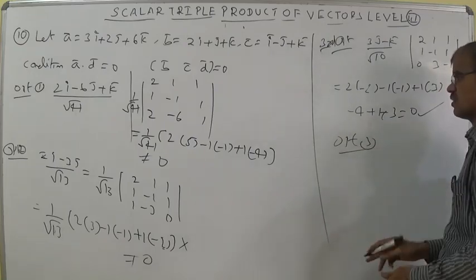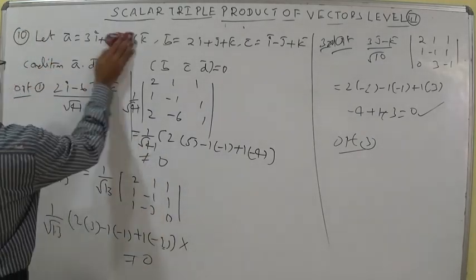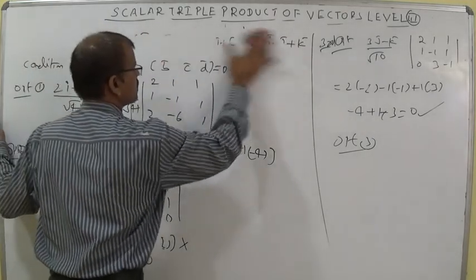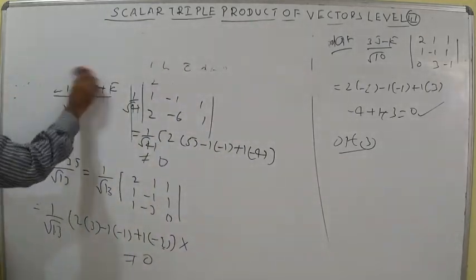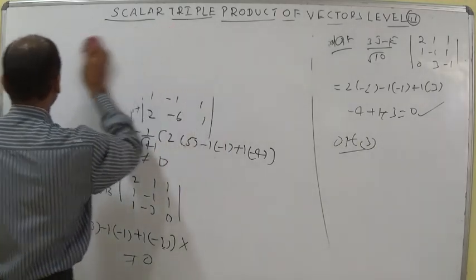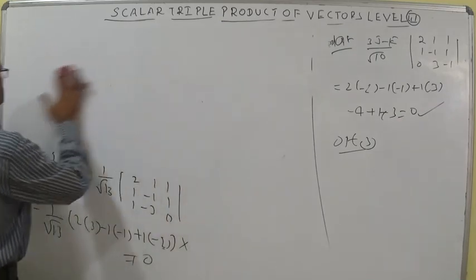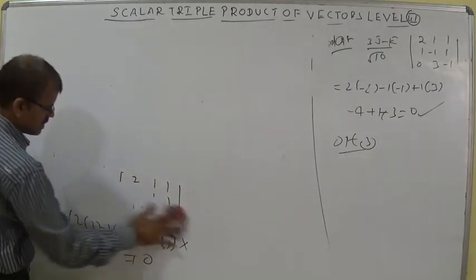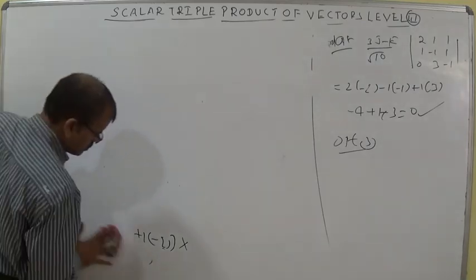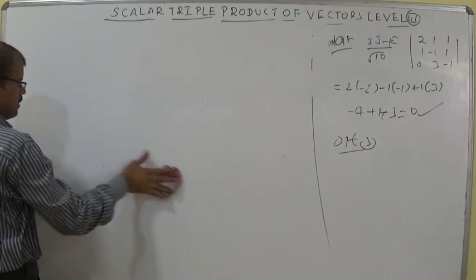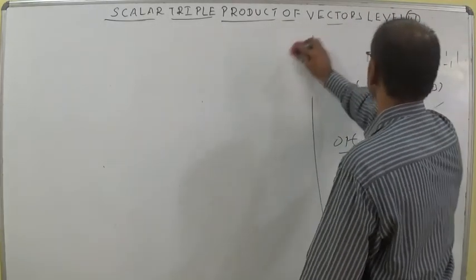No need to be confused about the fourth option, because A bar dot B bar was already discussed for the first, second and third options. Now by verification we got the answer. Otherwise, what is the method? Let D bar equal D1i plus D2j plus D3k. Then use the formula D bar dot A bar equal to 0, and the condition of coplanarity box BCD equal to 0.